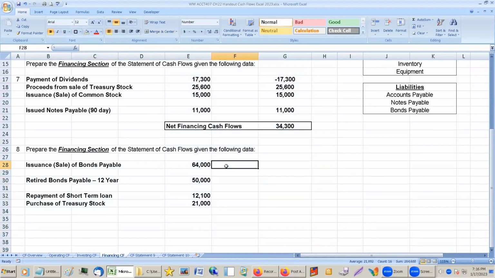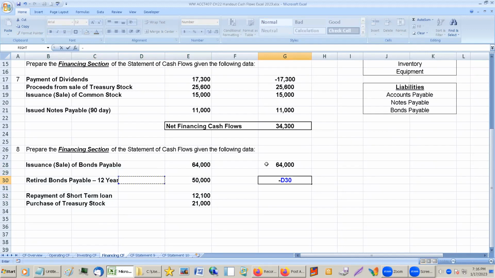Good. Retired bonds payable. So you have these bonds you owed people and you retired them. What's the only way you're going to retire a bonds payable? Buy it back. Yeah, so your cash is going to decrease. Yep.